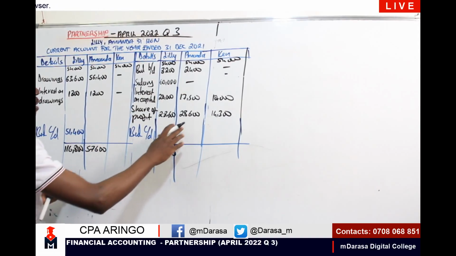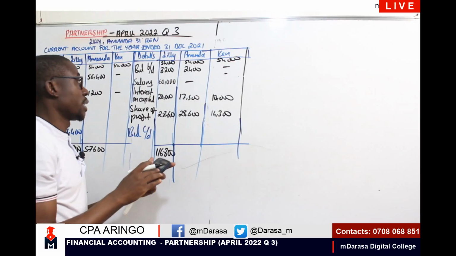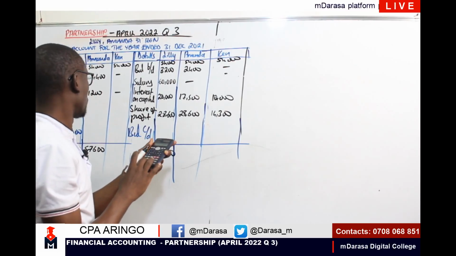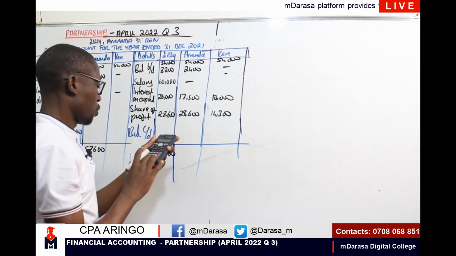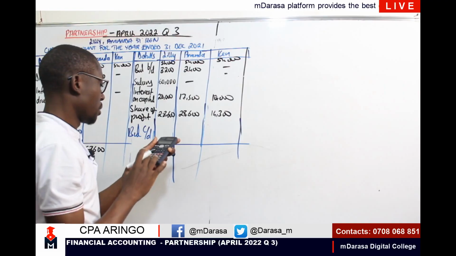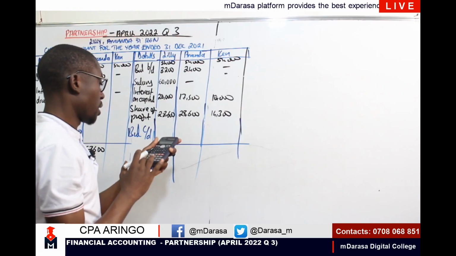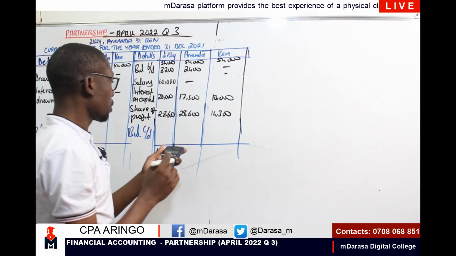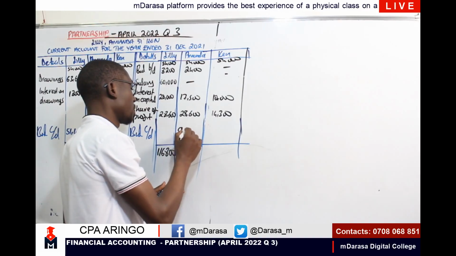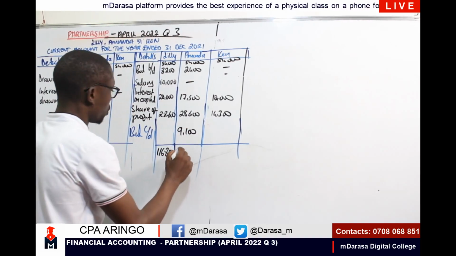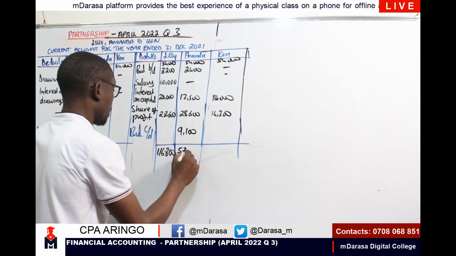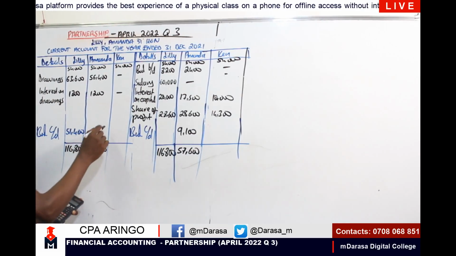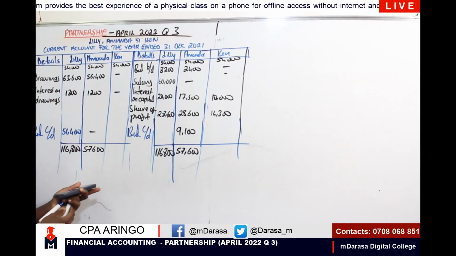And that is to say, my balance carried down will be on the credit side, which should be 56,400 plus 1,200 minus 2,400 minus 17,500 minus 28,600 to give us a figure of 9,100. So that the total should give us 57,600.